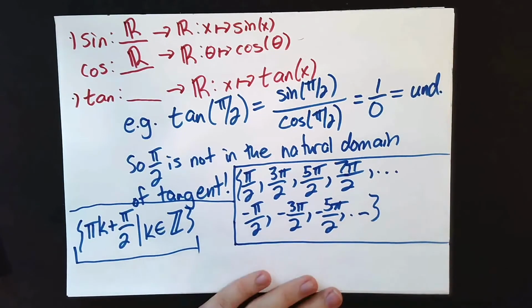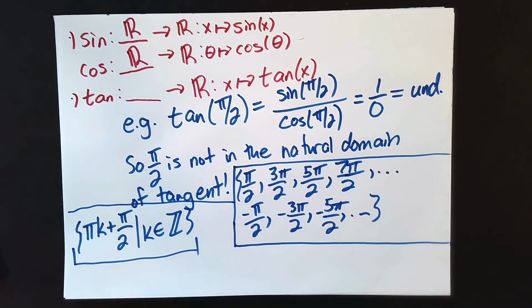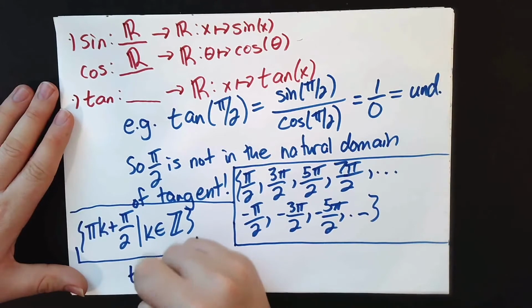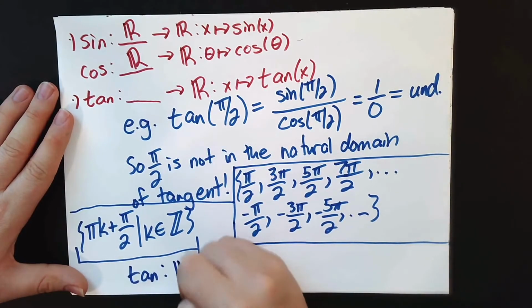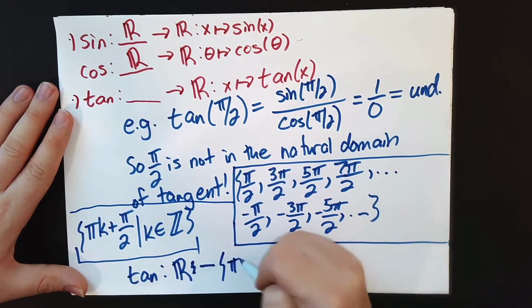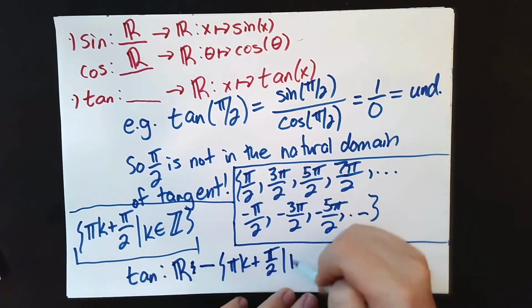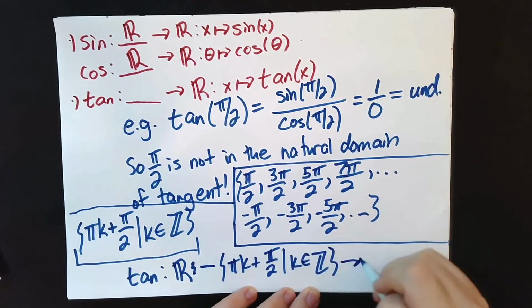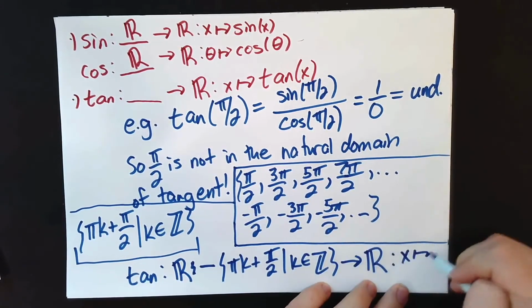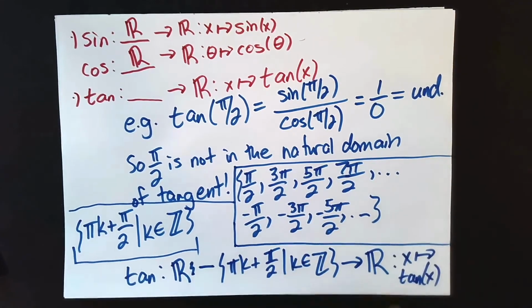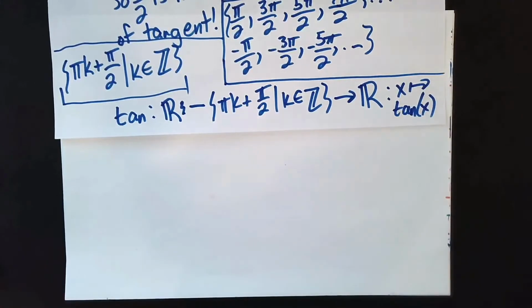It's the complement of this set that is the natural domain of tangent. So if you were to write this out, what we should really write is that tangent is really a function that goes from R minus that set to R. This is kind of a horrible mess, and so sometimes people will not use this as the domain for tangent.